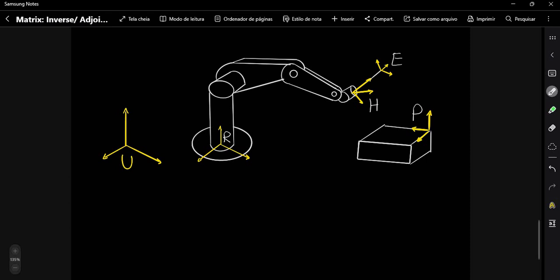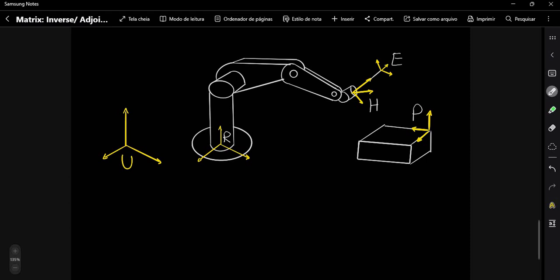Again, in order to write a transformation equation which describes the motion that this robot has to perform to do a certain task, we need to know in detail what this robot has to do. In this example, the task is to drill a hole on a workpiece.